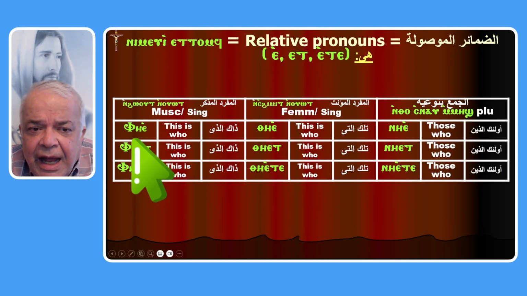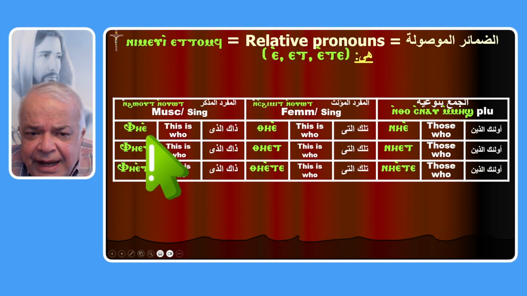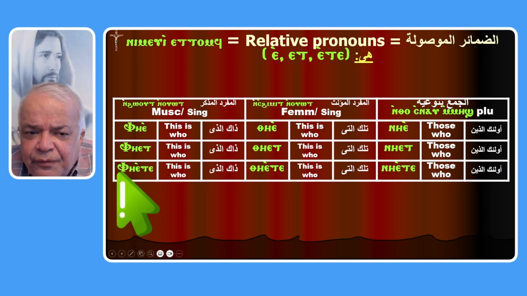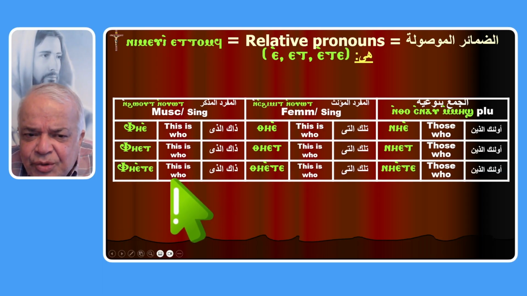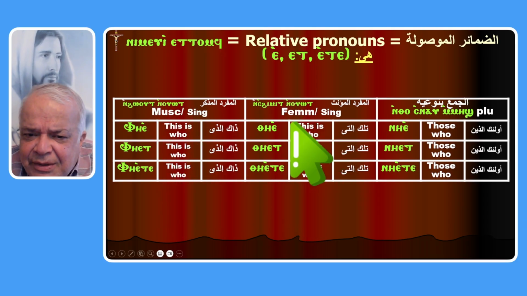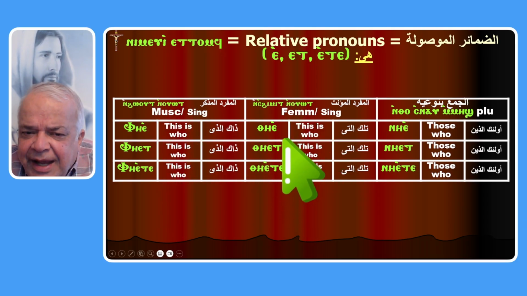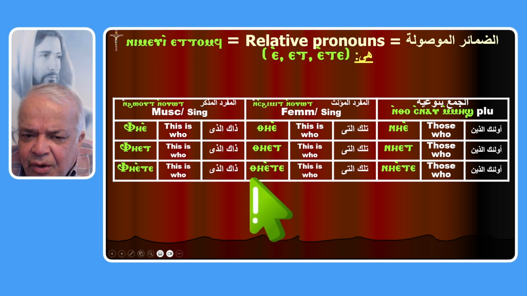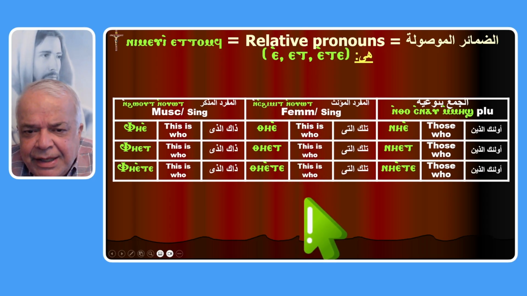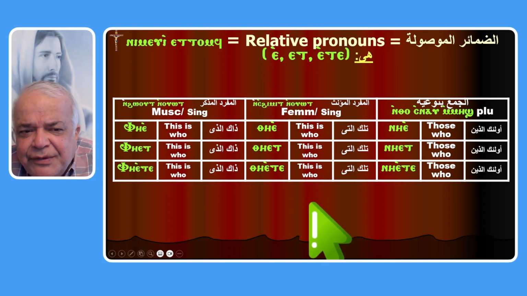Here, I can say Fie, this is who, or Viet, this is who, or Fiet, this is who. It's all the same meaning. Or for masculine singular. Then for feminine singular, Ca or Ciet or Thiet. All of the 3 have the same meaning in English, but they are different in Coptic.